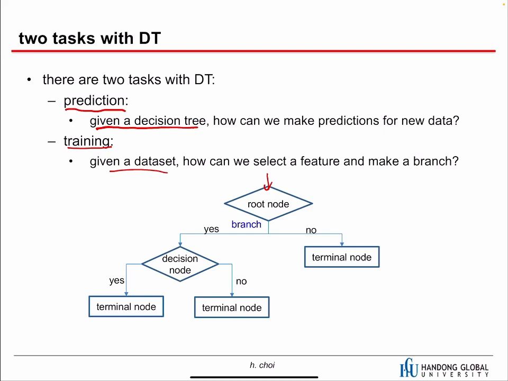If it is a continuous variable, then we have to select a feature, and then we have to select the threshold, right? So is it greater than 5 or 7 or 12? So we have to define the threshold too. So this is not as simple. So we're going to talk about this later after this prediction.